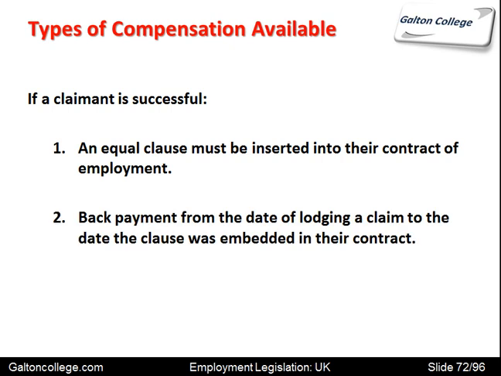And back payment from the date of lodging a claim to the date the clause was embedded in their contract. So they should be backdated. If this discrimination, if that's what it was held to be the case by the tribunal, then the claimant should be compensated right back to the start, because that is money due to the claimant. That's what should have been paid from the start and was not paid.